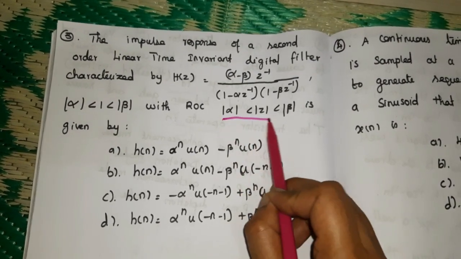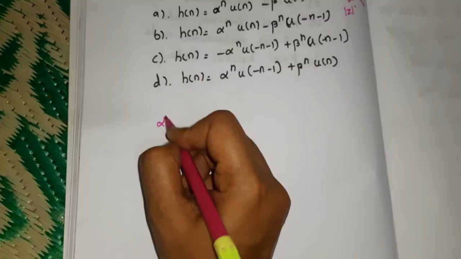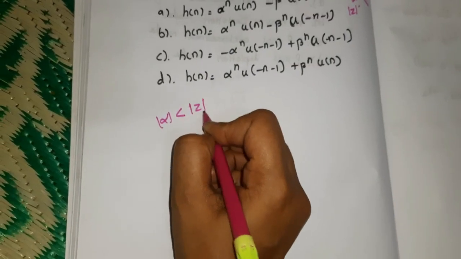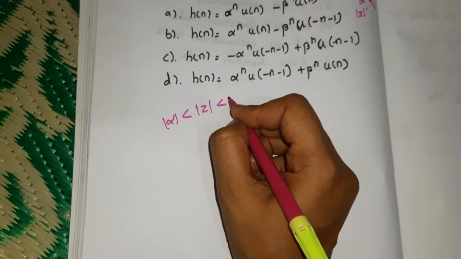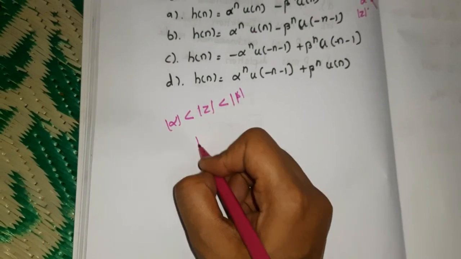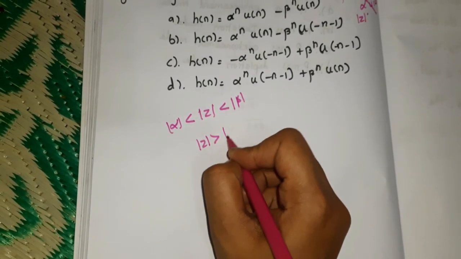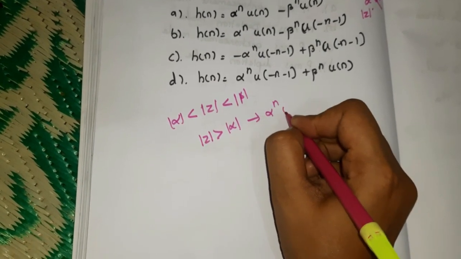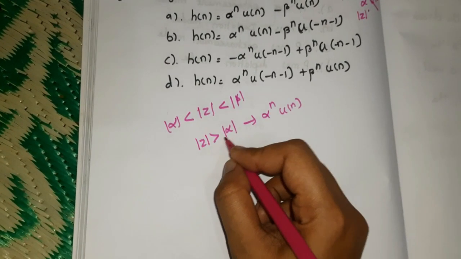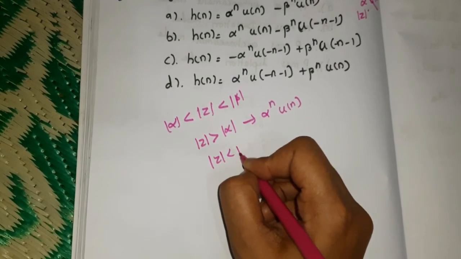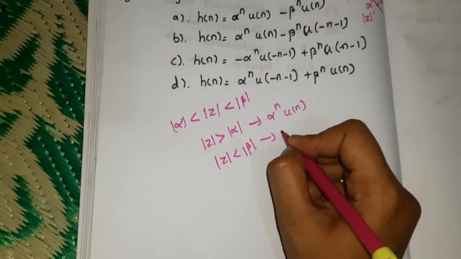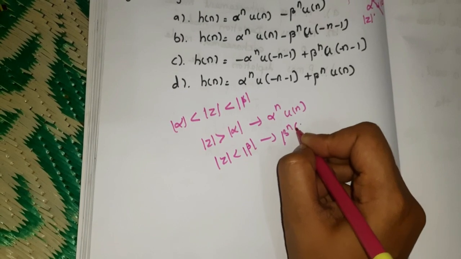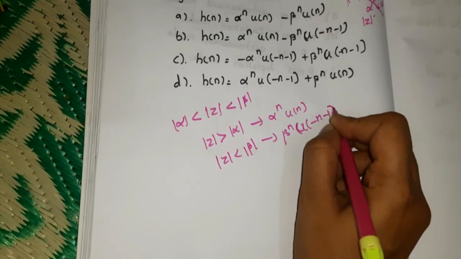When this condition is satisfied, it is given as alpha n u of n. And when this condition is satisfied, we will get beta n into u of minus n minus 1.